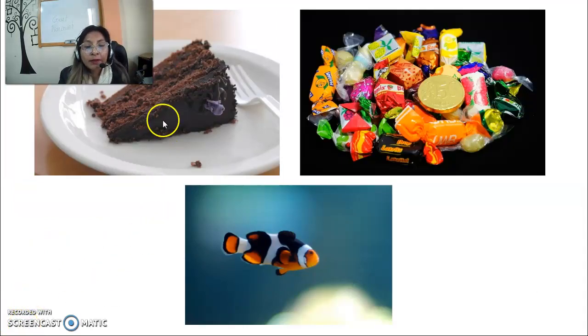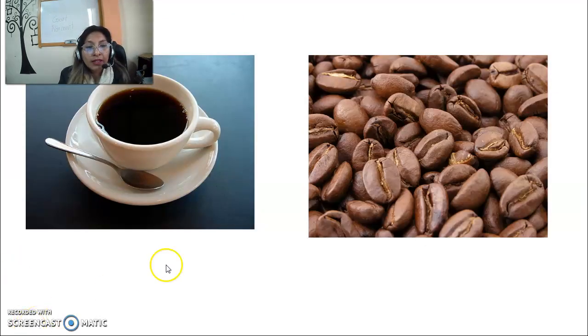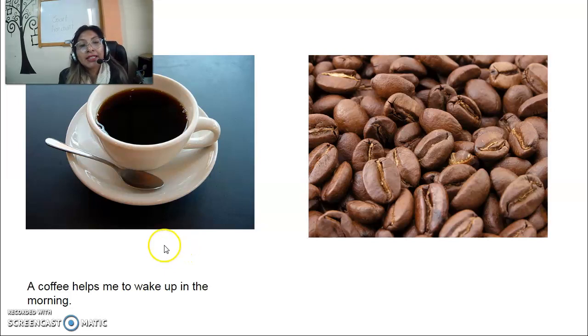Well, the same happens with cake. If it is a specific cake, you can use it as a count noun. But if you are talking about cake in general, it's a non-count noun. The same happens with candy, and the same happens with fish. Well, now let's continue, and here we have a cup of coffee and coffee. We know that coffee is a non-count noun, but it can be expressed as a count noun.